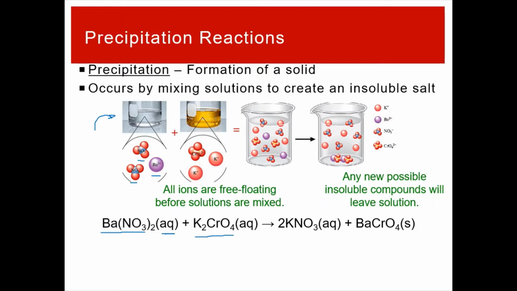When they mix, if you pour them in, now all of the ions are in the same beaker. They have the potential to interact with each other. And what that means is they can trade partners. And there are new potential combinations of ionic compounds. Particularly, you can make a new potential combination that isn't soluble anymore.